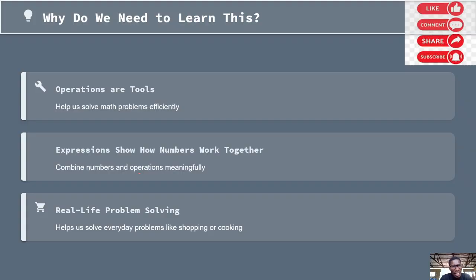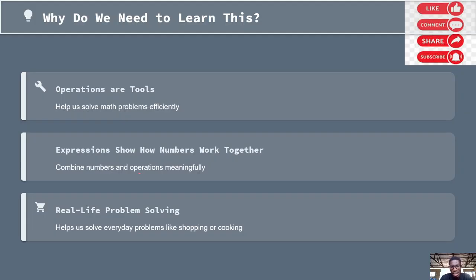And another very vital reason for learning this is that these skills are very useful in real life. For instance, calculating how much you spend at the market, dividing items fairly among friends, and cooking and measuring ingredients even in the kitchen.